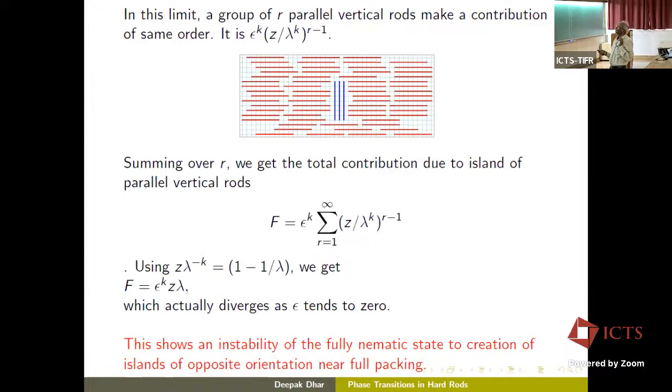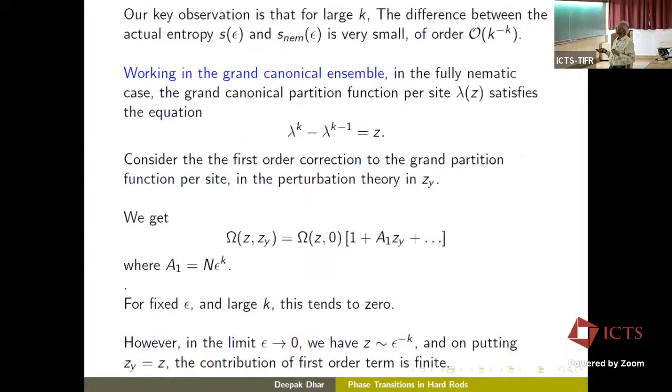But then you can do slightly more. You can look at what happens if there are two parallel vertical rods as a correction to the case where everything is horizontal. That's a perturbation. And you can check that the contribution of configurations with 2 or 3 parallel vertical rods is of the same order as with just one vertical rod.